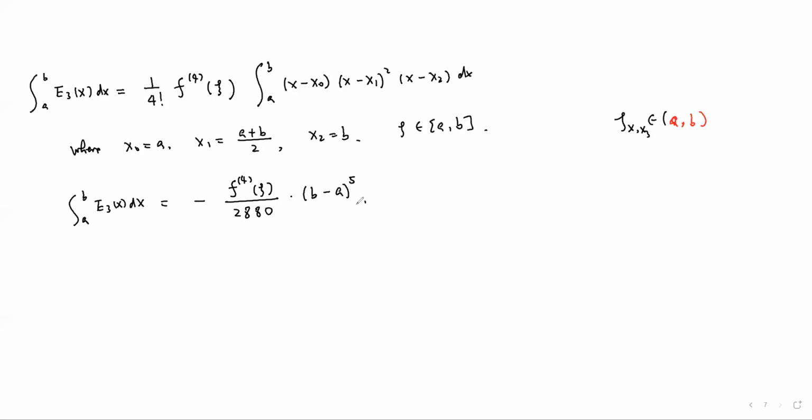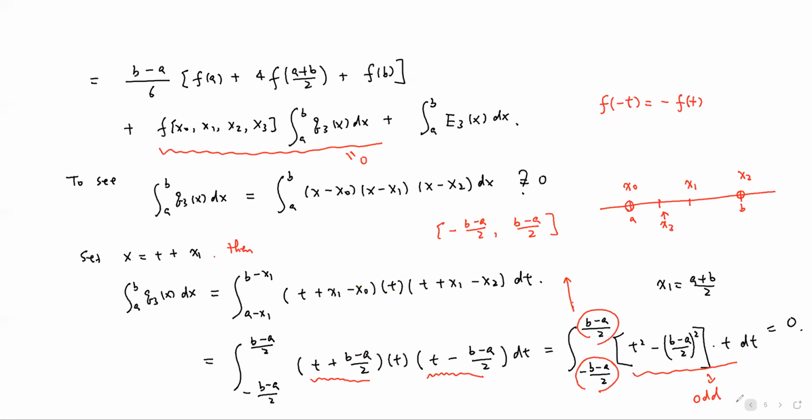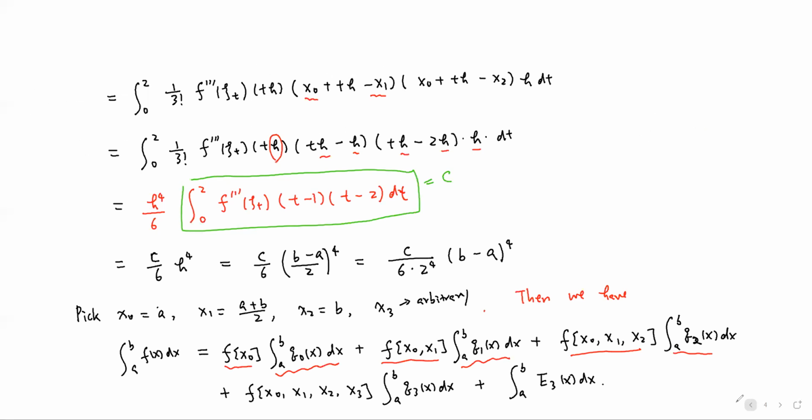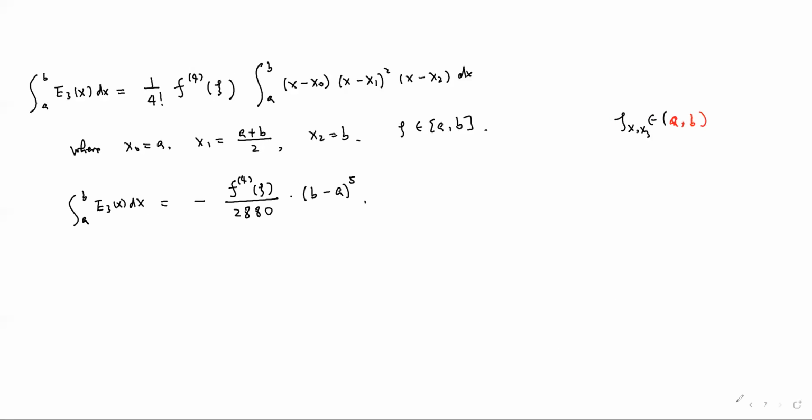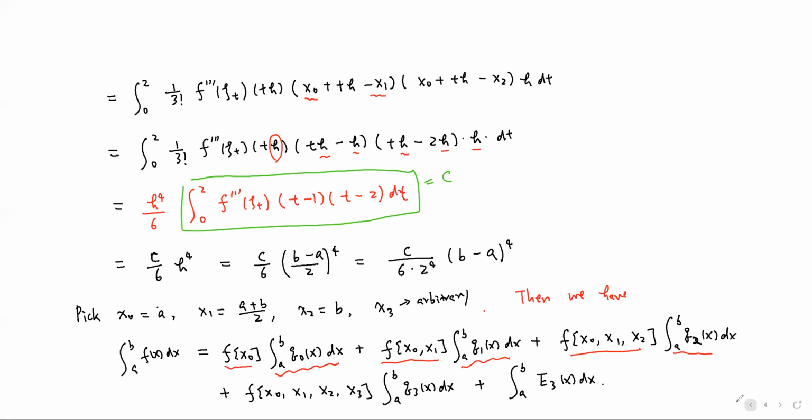So actually, for Simpson's rule, the order is 5, better than just 4, because of the observation that the fourth term here is 0.